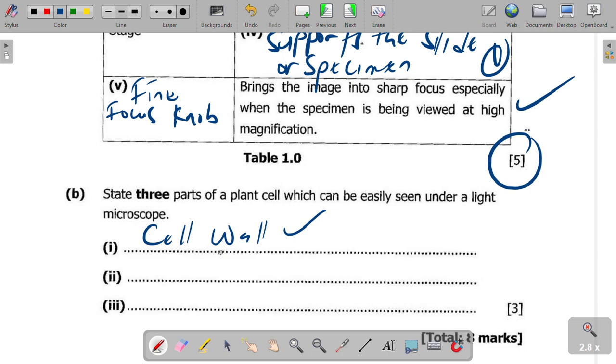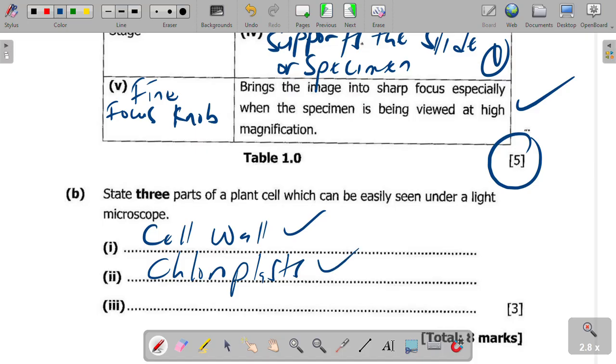What other part can you notice when you use that light microscope? You will see the pigmented parts, or rather the chloroplasts. You can see the chloroplasts as well.